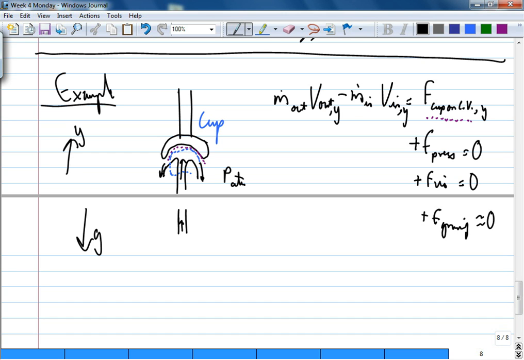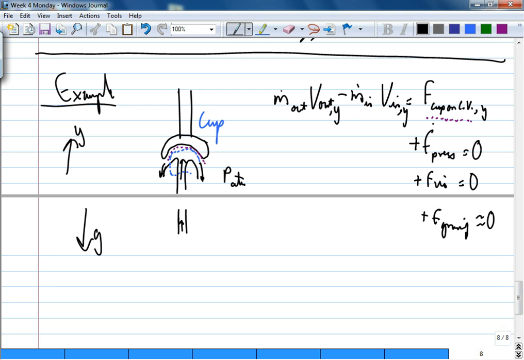Because the pressure everywhere is atmospheric, in, out, and so on. Actually, if you want to be a bright fellow and say, hey, hang on, the pressure at that purple part is not 0. Yes, the pressure at the purple part is not 0, but it's accounted for here with this purple part.